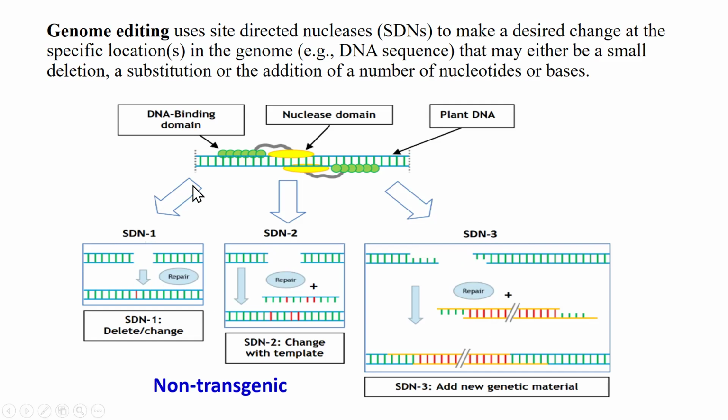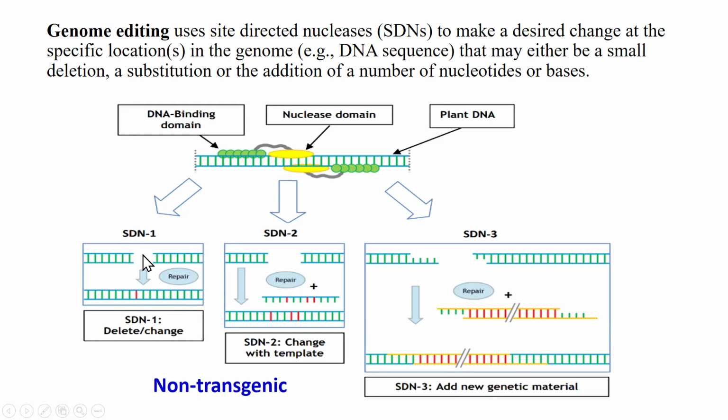But in case of SDN1, just cut the double-stranded DNA, and then the DNA automatically repairs, and here an indel, deletion of one nucleotide or maybe more, can happen. And this type of editing is non-transgenic.